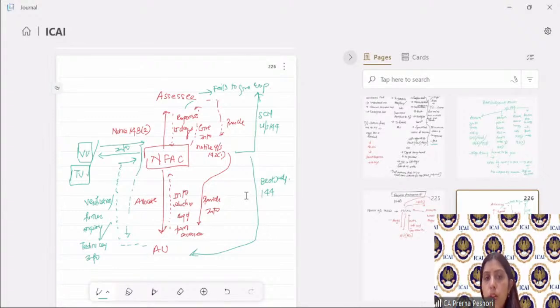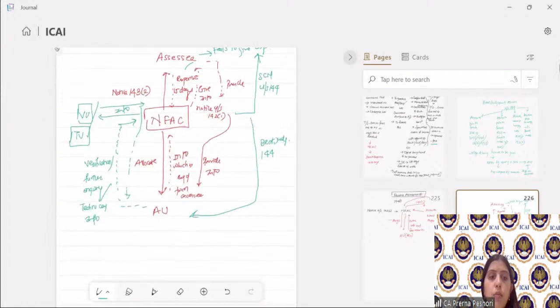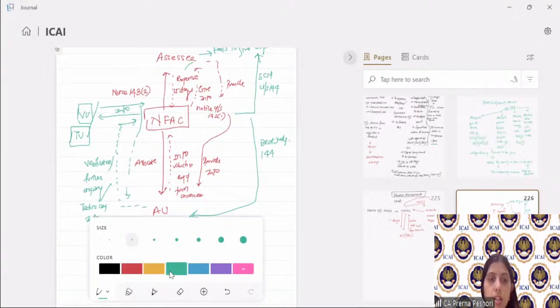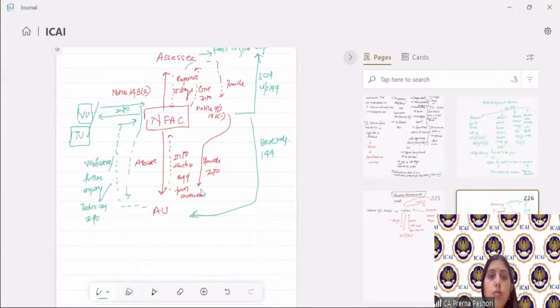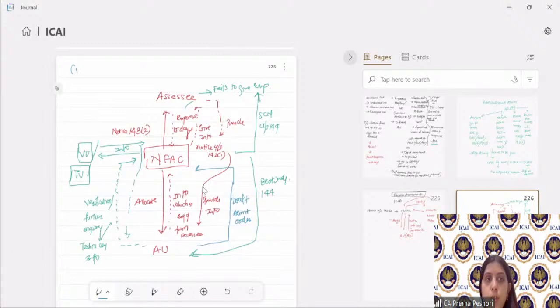Now, the AU will take all the material into account and will prepare a draft assessment order. Now, this was the first stage wherein the notices were involved and information was being received.